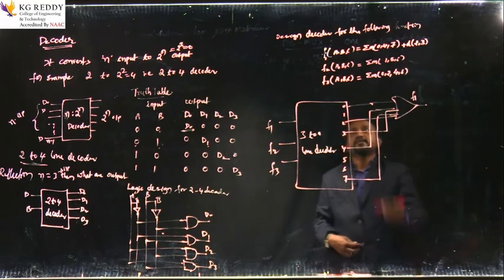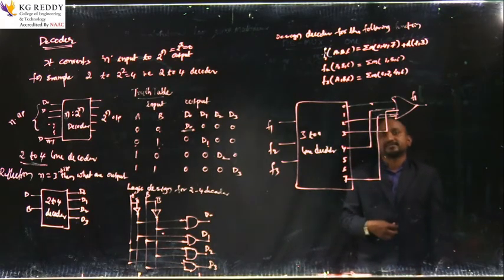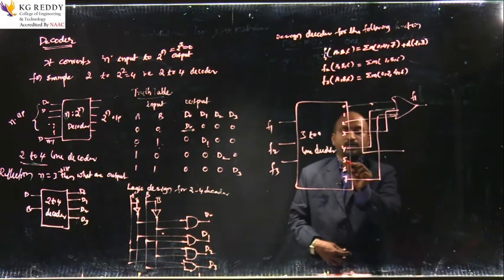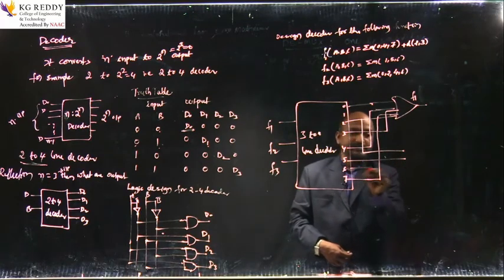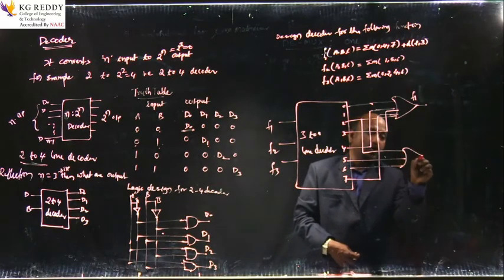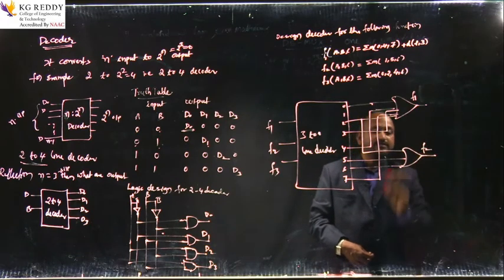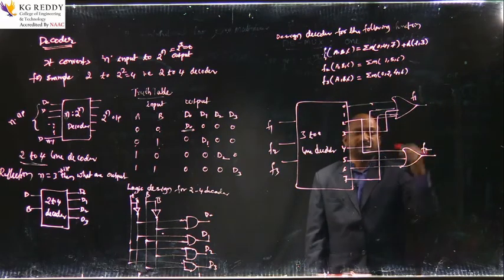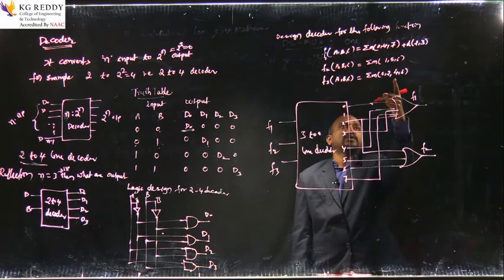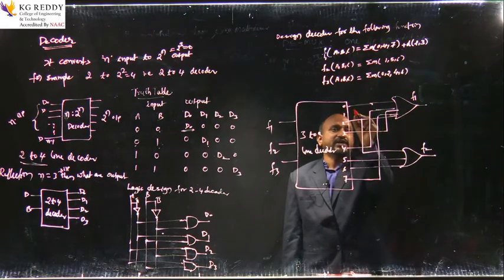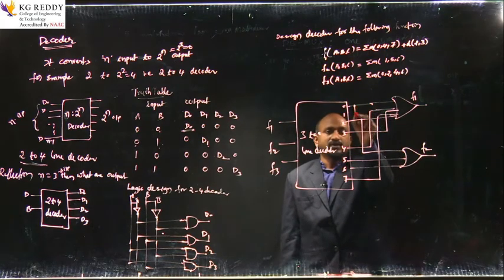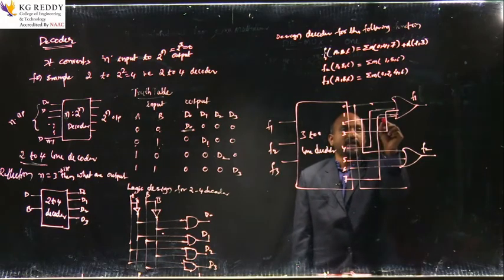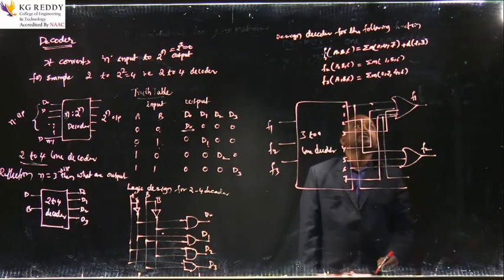Then 1, 5 and 6. This is another OR gate, which is the F2 function. So F1 is this one, F2 is this one. For the last one, 0, 2, 4, 6.